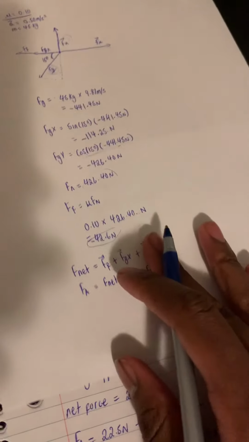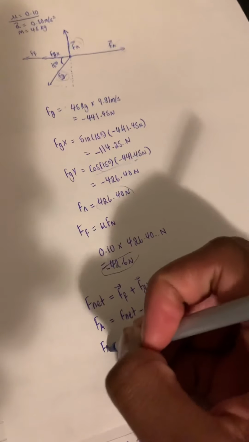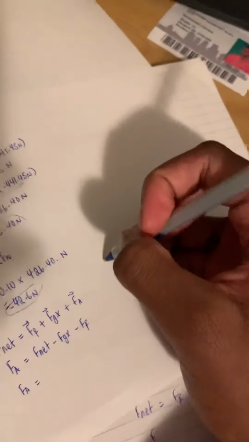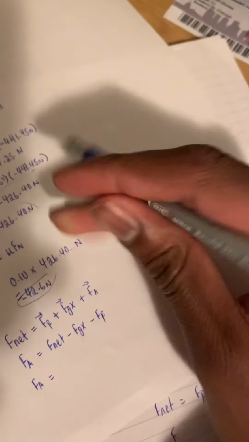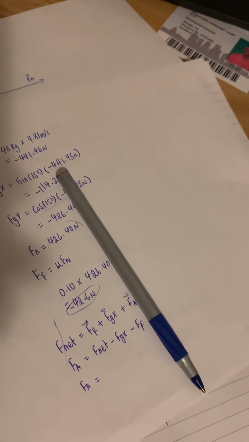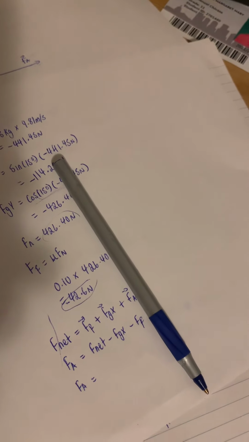Then we're going to have to plug in our numbers. So it's going to be Fa. Okay, we can quickly solve for the net force right here. So that's just mass times acceleration, which is given to us. So it's 45 kilograms times 0.50.